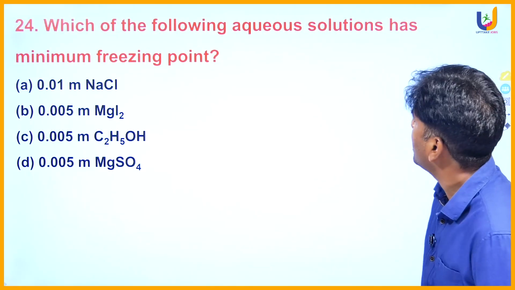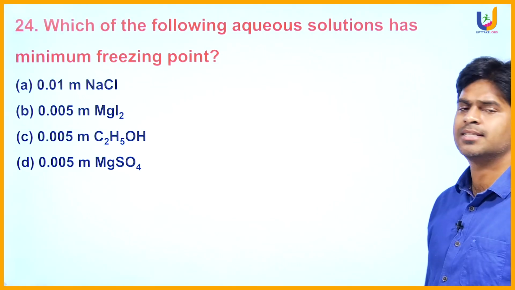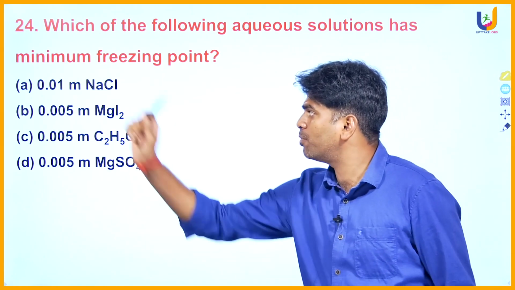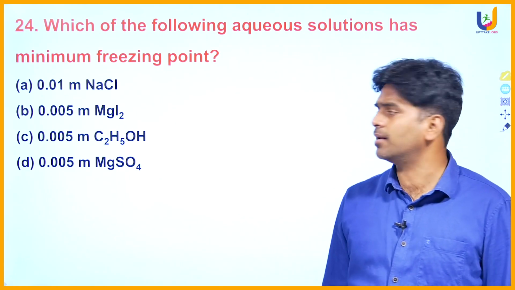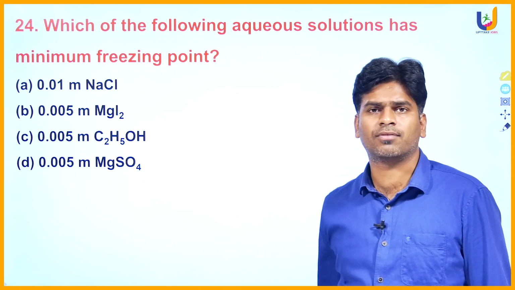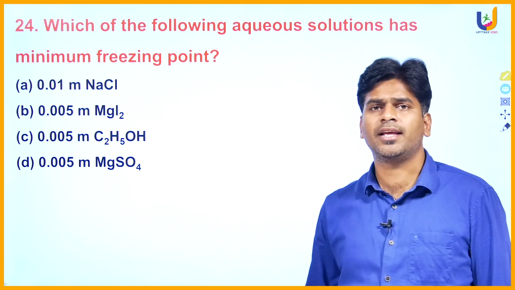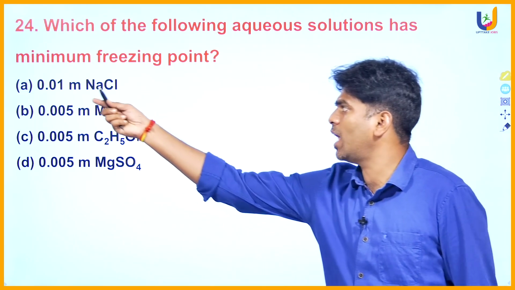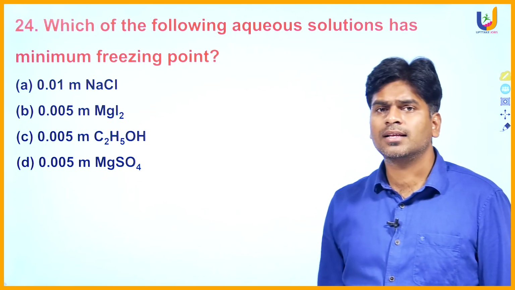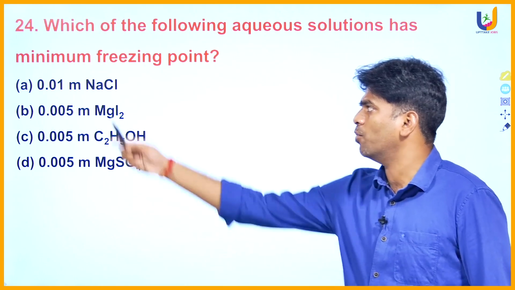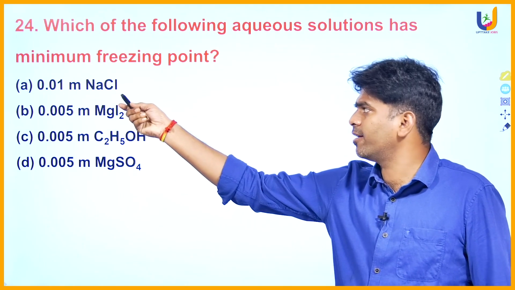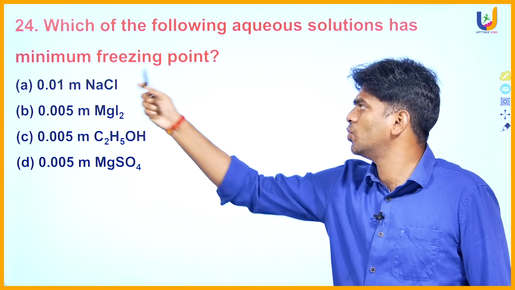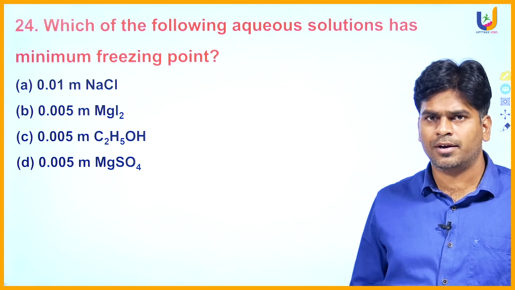Which of the following aqueous solutions has the minimum freezing point? Here, 0.01 molar NaCl, because you see the Van't Hoff factor for this, after dissociation of NaCl, is 1 Na plus and 1 Cl minus. And the molality of this is very low, 0.01. Molality is minimum and the Van't Hoff factor is also very low, so only 2 ions are produced.